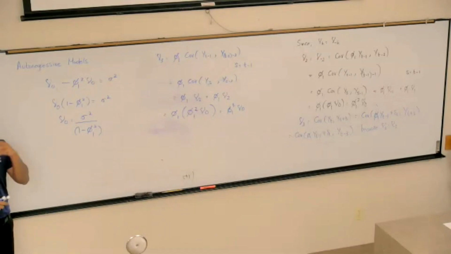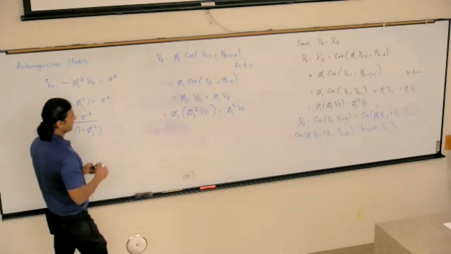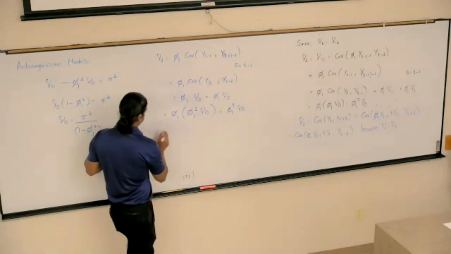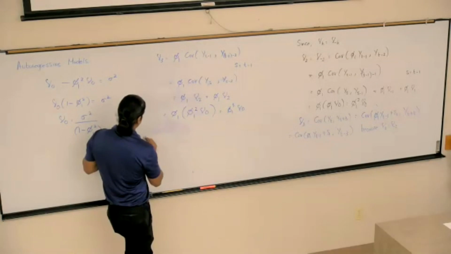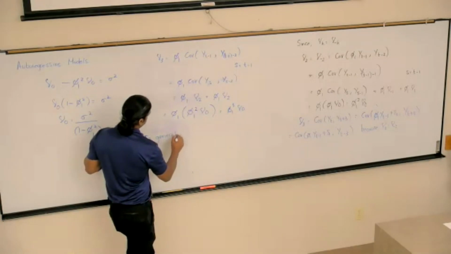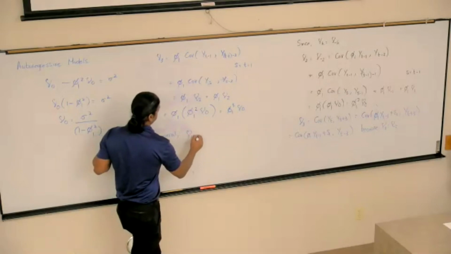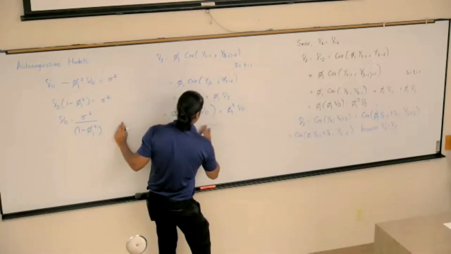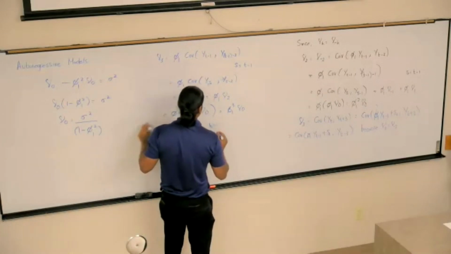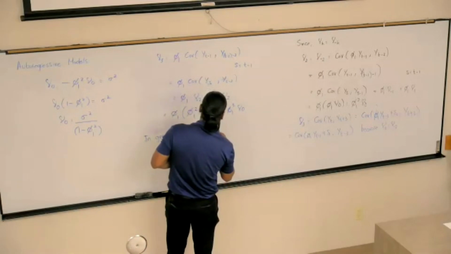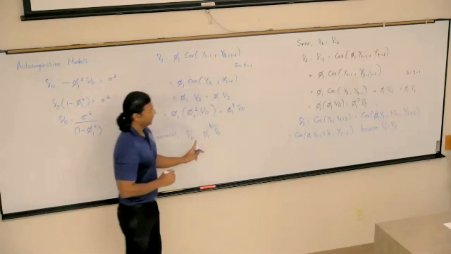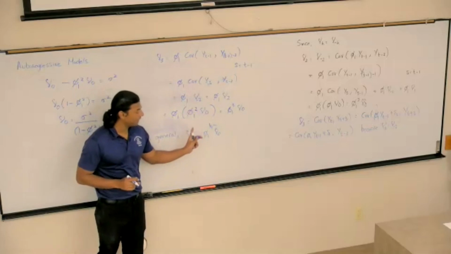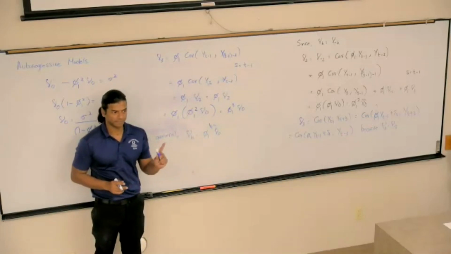Phi 1 to the fourth gamma naught. So in general, it's phi 1 raised to h times gamma naught, correct?